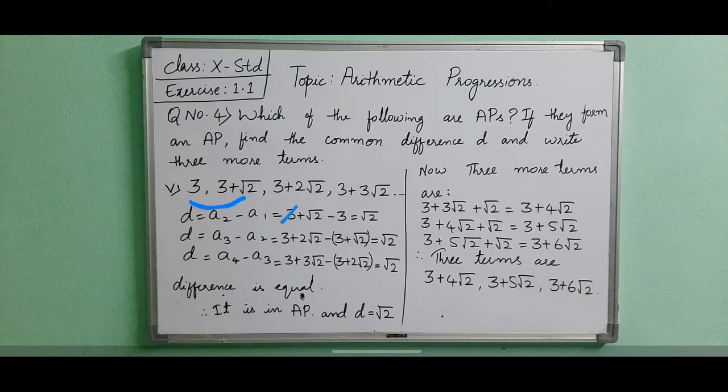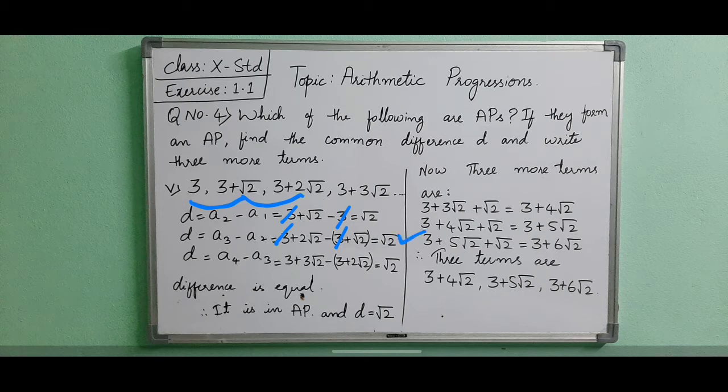The 3 and minus 3 get cancelled. Root 2 is remaining as it is. Now these 2 terms we have to subtract. Again this 3 and this 3 get cancelled. Now it is having 2 root 2 minus root 2, which will give you root 2.